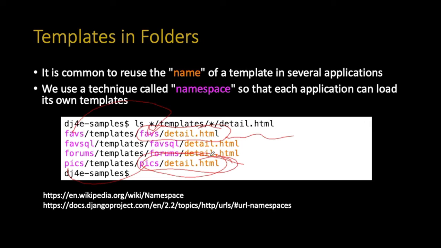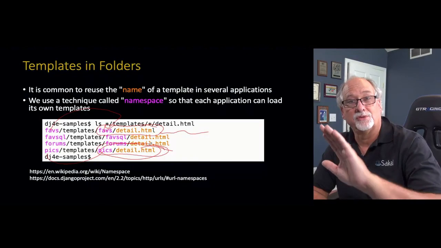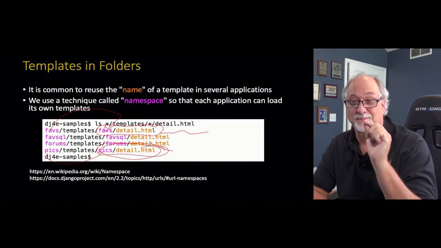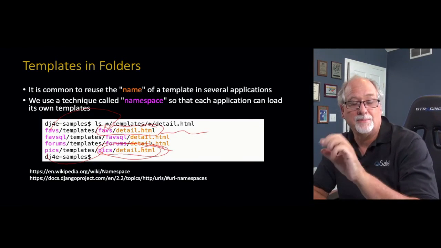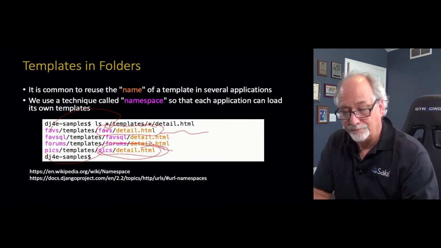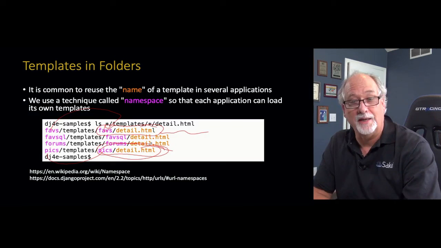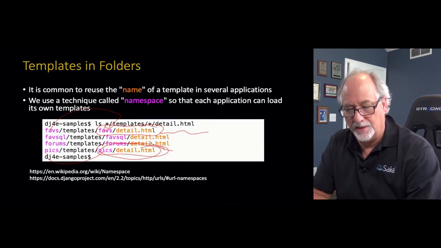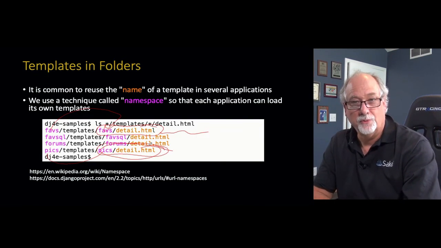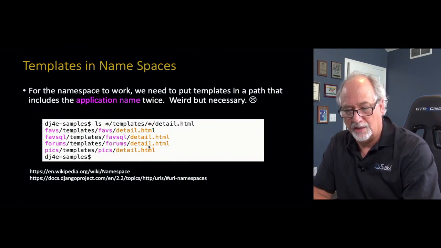And when we get to logins, there's templates that are stored outside in other applications. So sometimes you want to get a template in some other application. So there's all kinds of reasons. This is a great idea. It just isn't the prettiest thing in the world. So when you see it, don't freak out. I try to call it out in the slides.